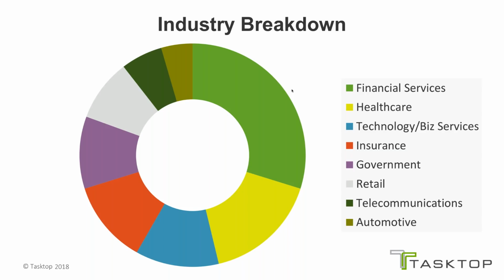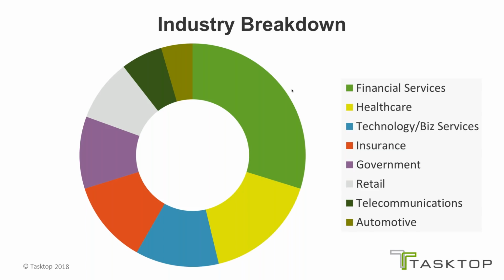So this slide shows a breakdown of the different companies that we were able to survey. The industries here, you can see financial services and healthcare are at the top. These are highly regulated industries, and we're going to see a theme as we look through the next set of slides that looks at this theme more in depth.